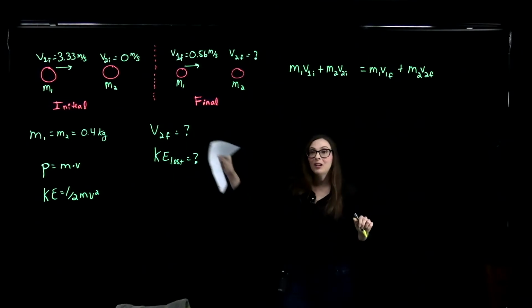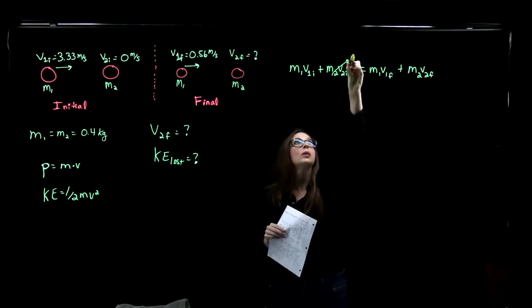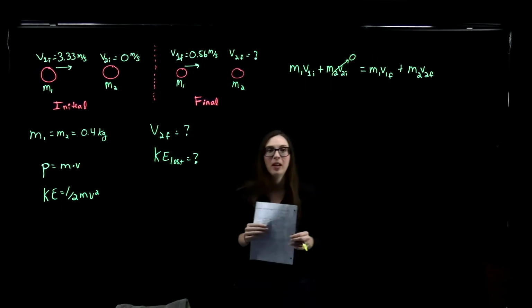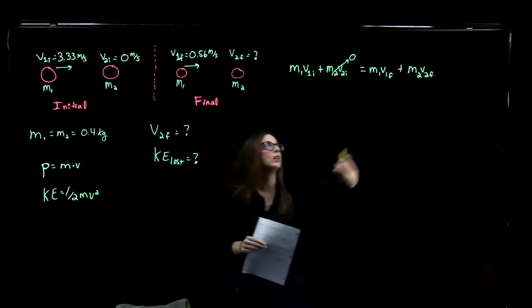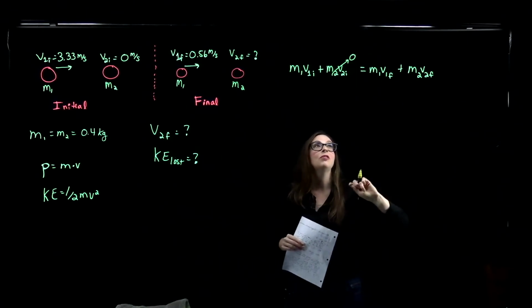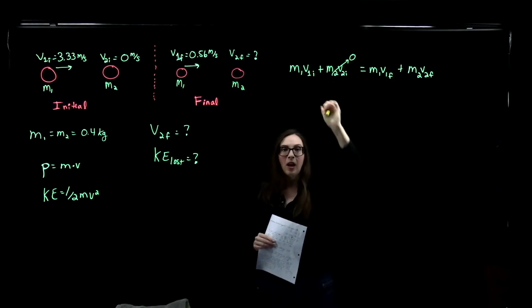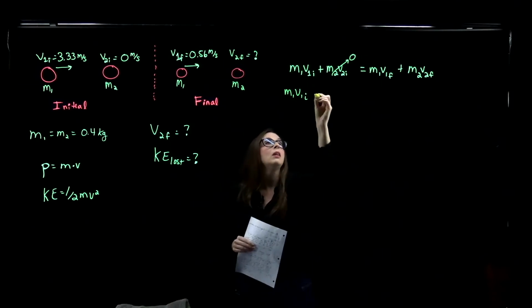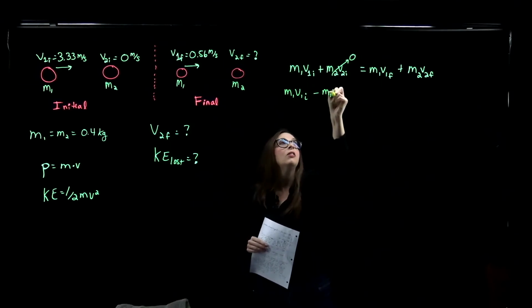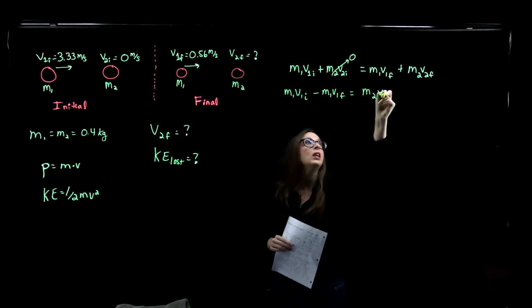Our second ball here is initially at rest, so we can cancel out that term already. And we're solving for the final velocity of our second ball after the collision. So we solve this equation for V2 final. I'm going to move this term to the other side, so we'll have M1 V1 initial minus M1 V1 final equals M2 V2 final.